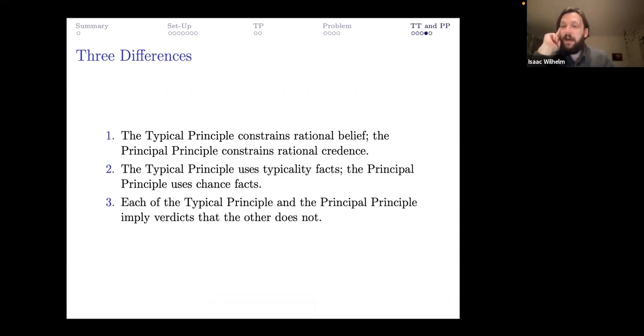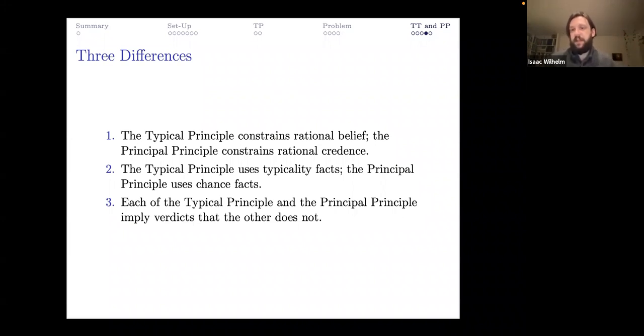Having said that, I think there are some significant differences between the typical principle and the principle. And in closing, I just wanted to summarize what those are. Maybe even if I've given some suggestive reasons for thinking that the typical principle is more fundamental, and so rational reasoning on the basis of typicality is more fundamental than rational reasoning on the basis of chance, there might be good reason to be wary of drawing that conclusion to full generality.